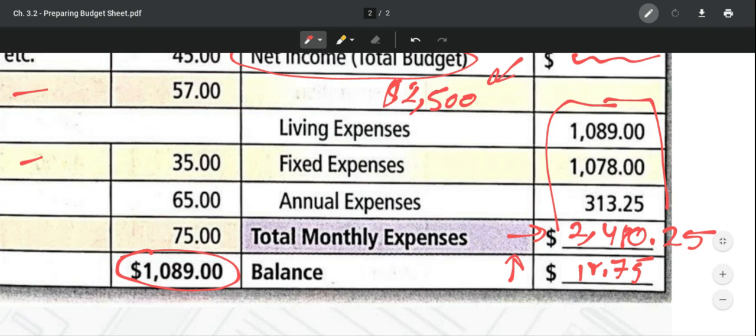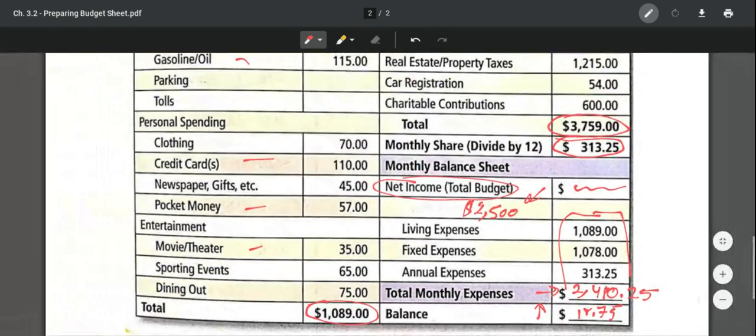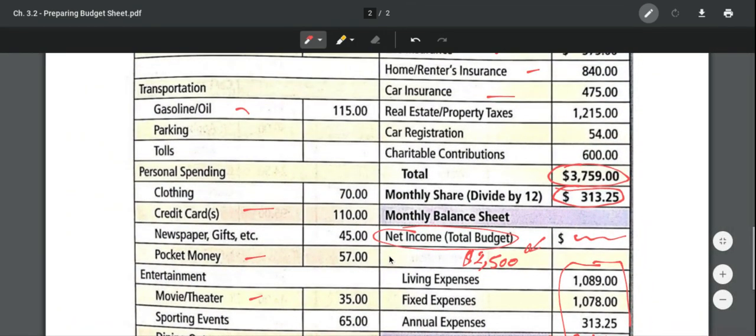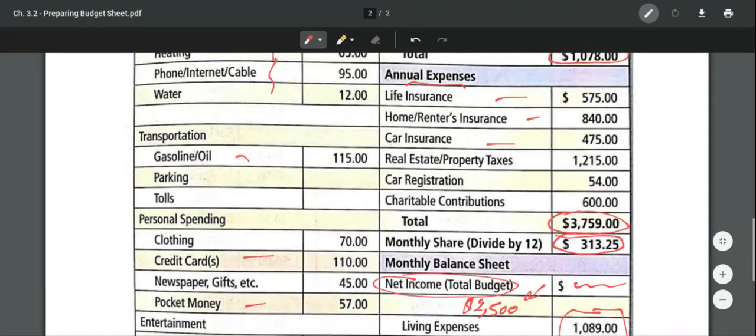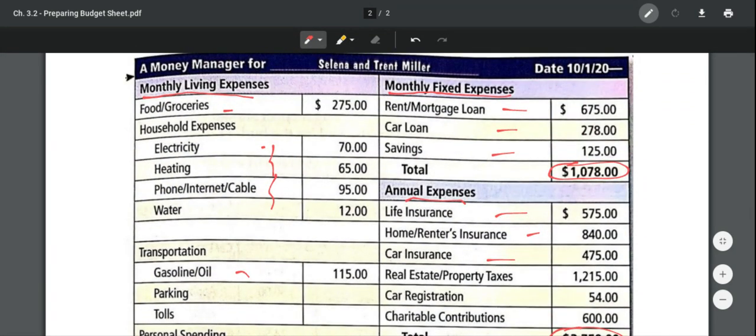So in that instance, you may want to live life on the edge and only have $20 left over after all of your expenses come out. But I don't like doing that. So you could come in and readjust some of these expenses, like pocket money or things like that you had taken out. But pretty much this is what a budget sheet looks like.